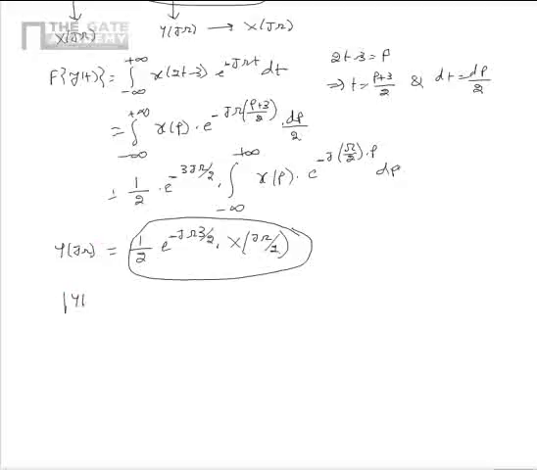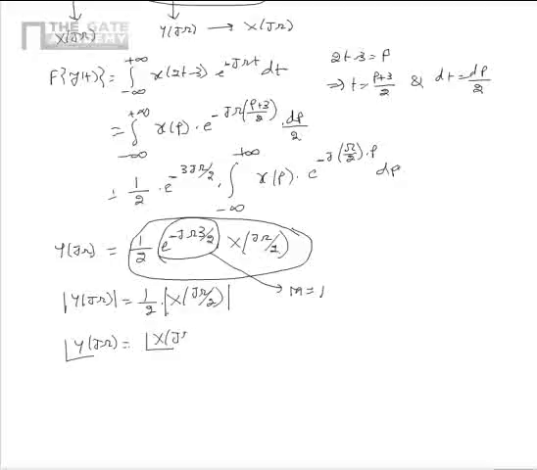From this we can also deduce that abs of Y(jω) is equal to half multiplied by abs of X(jω/2). This is because e^{-j3ω/2} has a magnitude of 1. Also we can write that the phase of Y(jω) is equal to the phase of X(jω/2) minus 3ω/2.